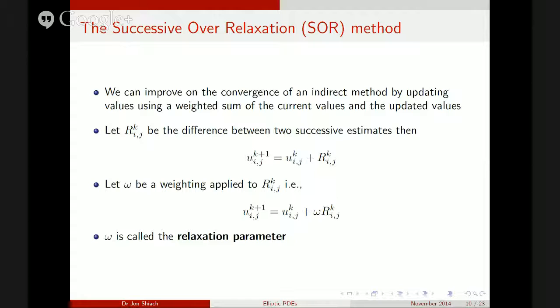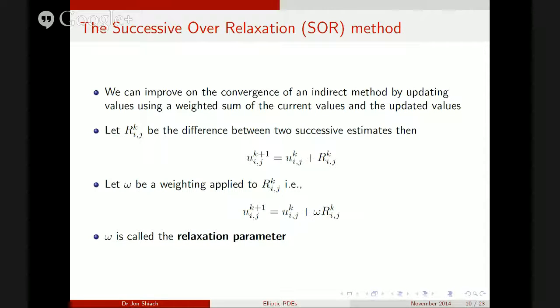Successive over relaxation improves on those behaviors. What it uses is a weighted sum of your current estimate plus any updated estimate you have. So let's say you're using Gauss-Seidel to update. Using the successive over relaxation method, you have a weighted sum of something times your current estimate plus something else times your Gauss-Seidel estimate.